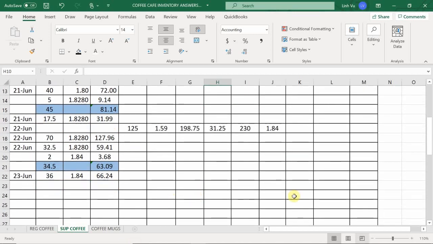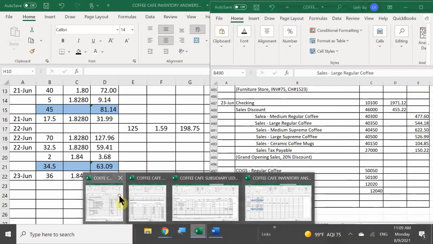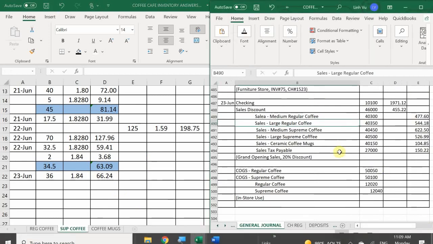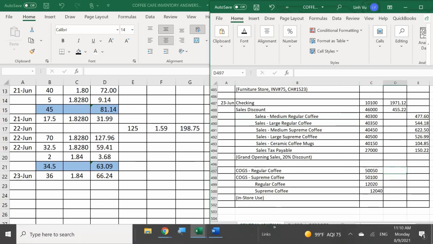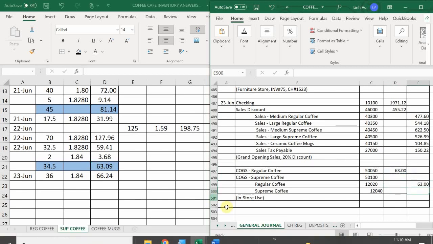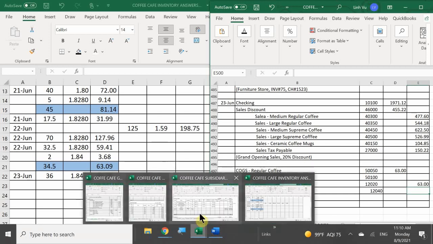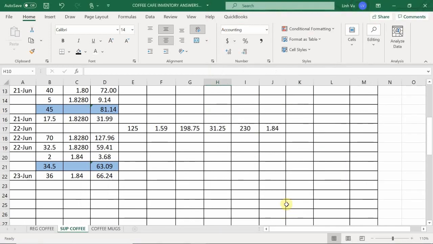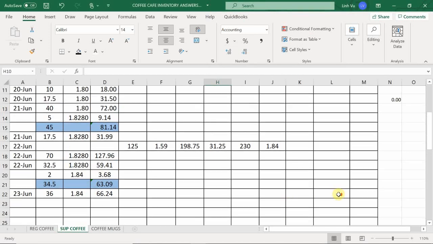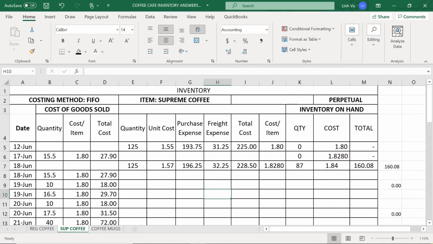So now let's plug those numbers into our ledger journal, excuse me. So we have cost of goods sold for the regular coffee was an even $63. I'm sorry. Can you go back to, I got 163.76 instead of 160 on your inventory. 123 minus 36, yes.